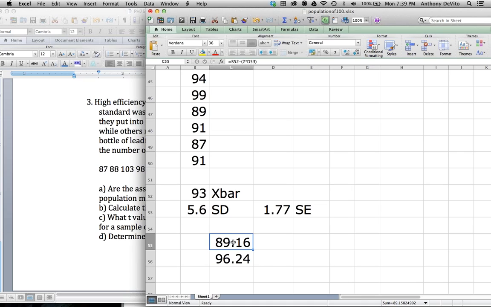One cheat is that, I'm going to look at this formula again, equals 96 minus 2 times the standard error. The first cheat I did was I used the empirical formula. I didn't actually look the z-score up. Anybody here know what the z-score really is for 95% between?